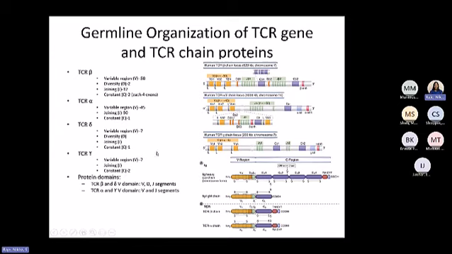So if alpha and beta undergo gene rearrangement and make a successful gene rearrangement, they'll give rise to an alpha beta T cell, versus if the gamma delta undergo the rearrangement. As you see, there is less variability in gamma and delta chains. If that's the case, they'll make the gamma delta T cells.